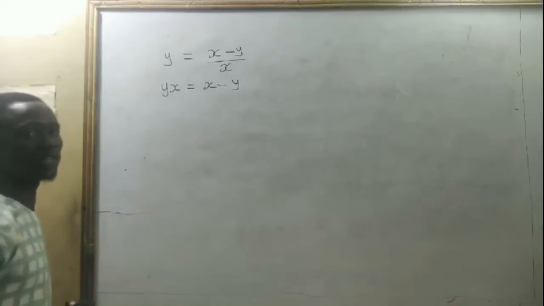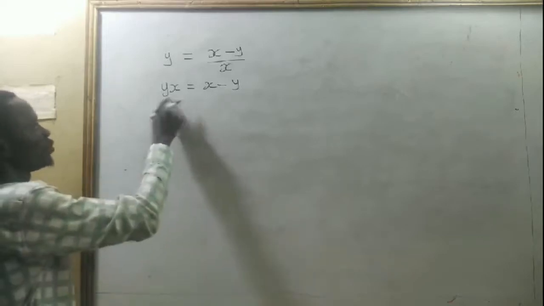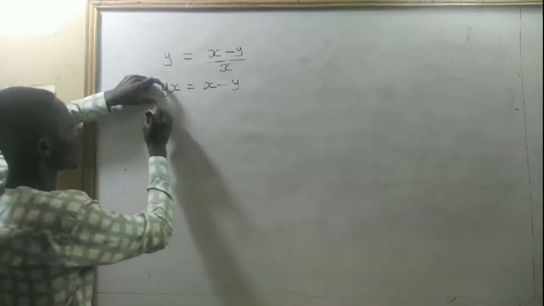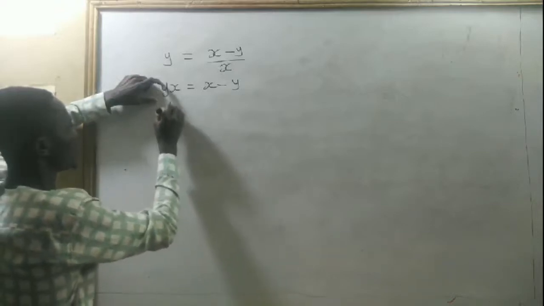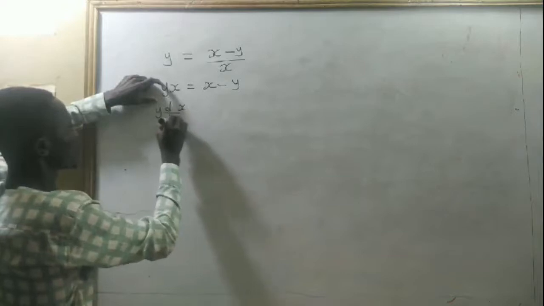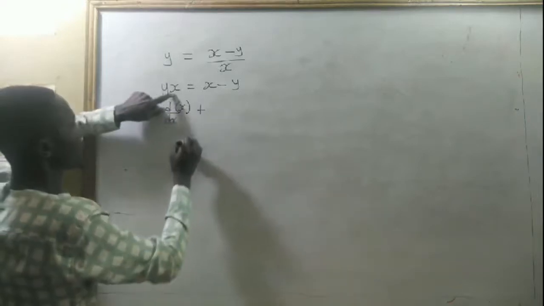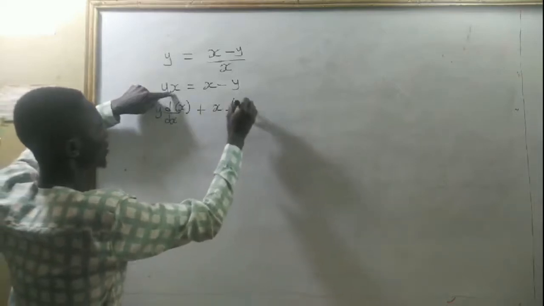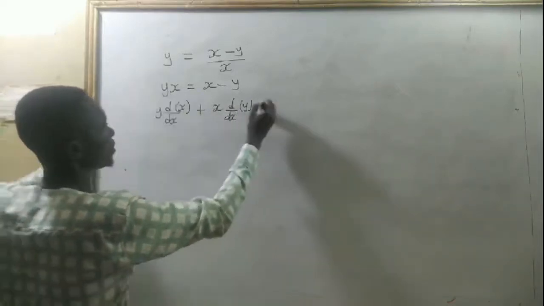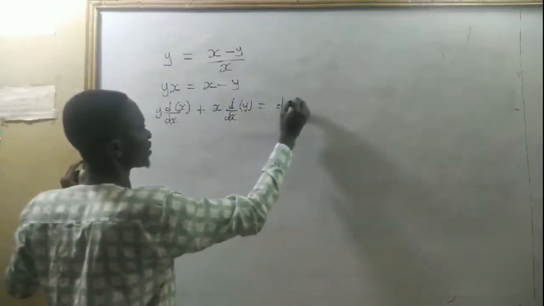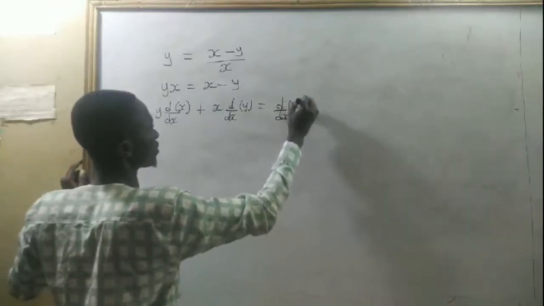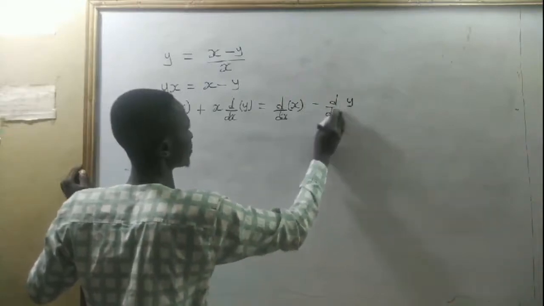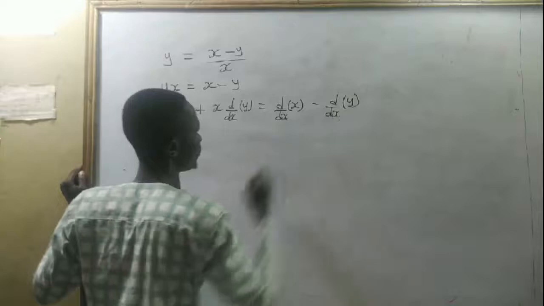You can also use the quotient rule to obtain the same answer. So now let's move with this. Here what do we do? If we maintain y and differentiate x with respect to x, plus we maintain x and then differentiate y with respect to x, this will be equal to the derivative of x with respect to x minus the derivative of y with respect to x implicitly.